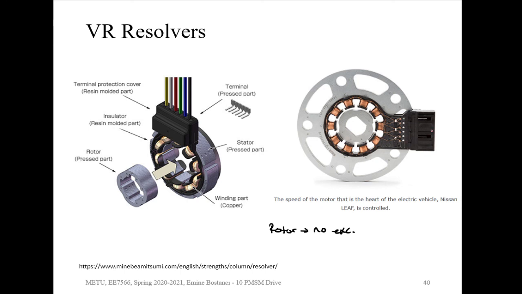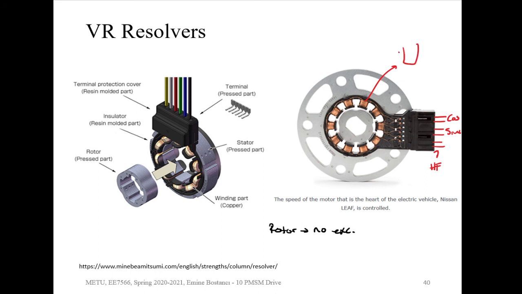Here you see that actually there are going to be 6 outputs. One is going to be for the high frequency injection, one is going to be sine, the other one is going to be cosine. In all of these teeth inside, there is going to be the high frequency injection, and on top of it, the collector winding. So maybe it is shown here.